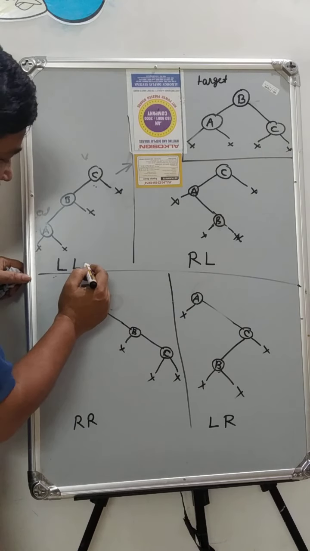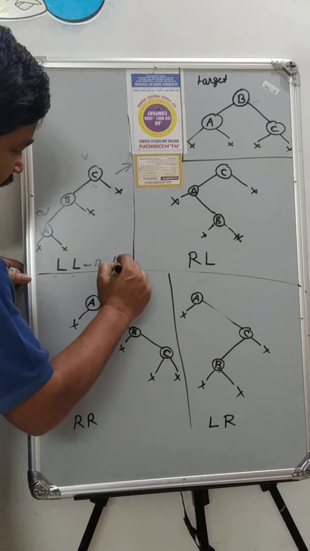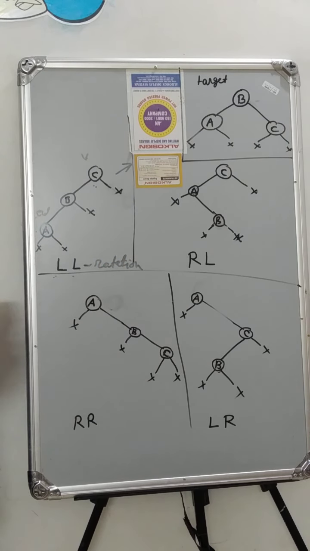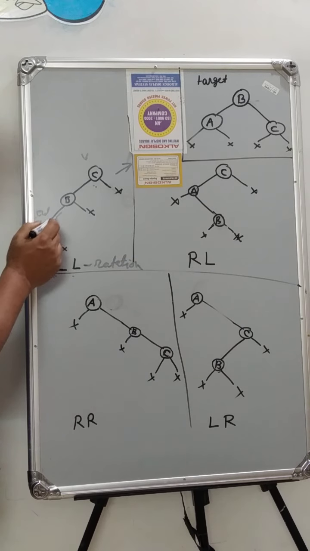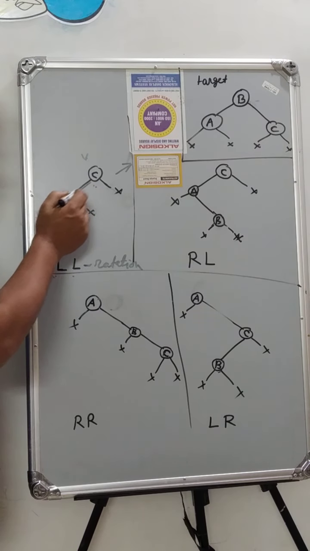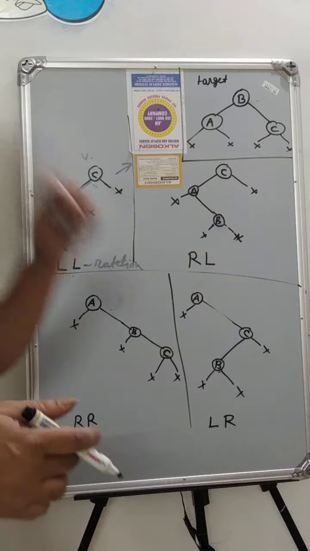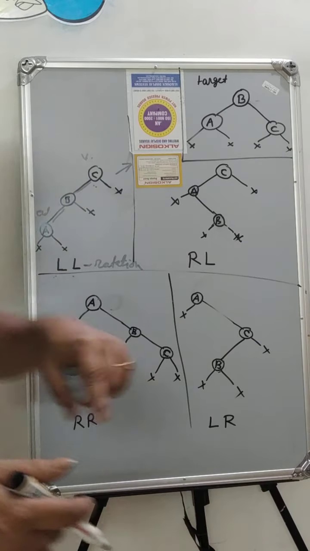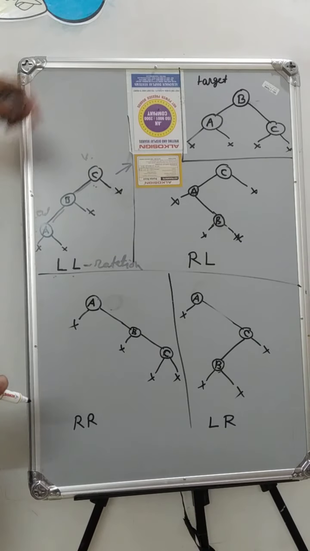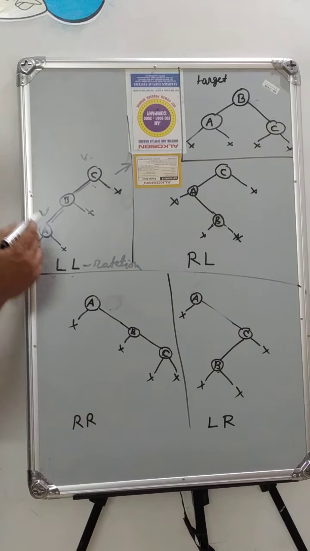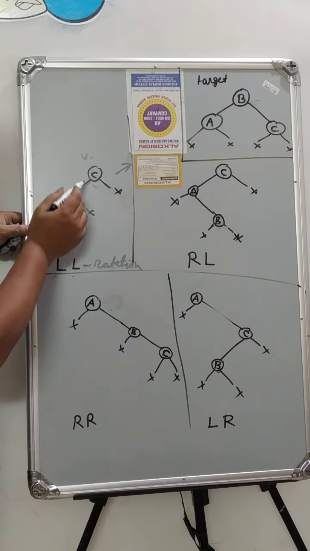The name is called LL rotation because the culprit who resulted in this imbalance was the left side of the left side of the victim. So this LL is practically referring to the relationship from the culprit to the victim, not from the victim to the culprit.